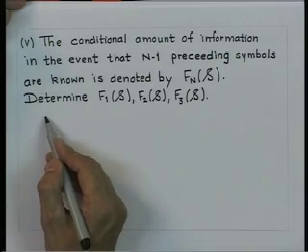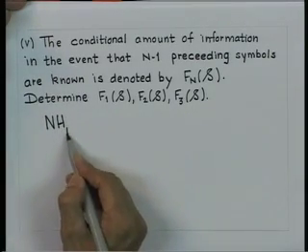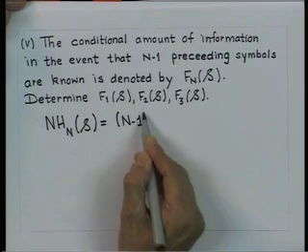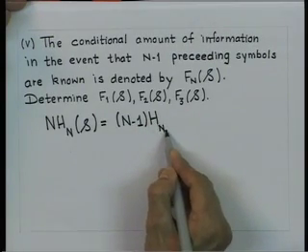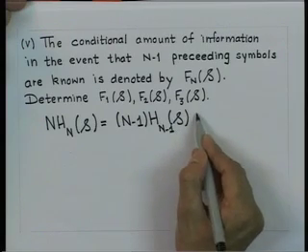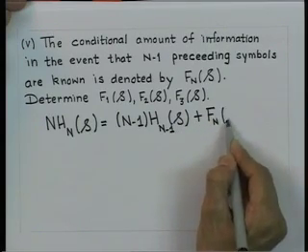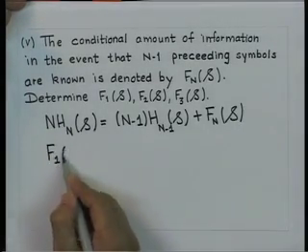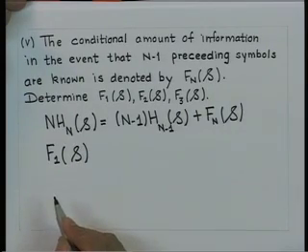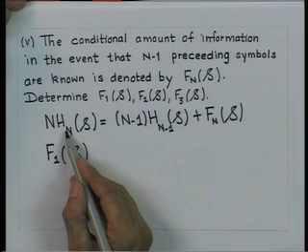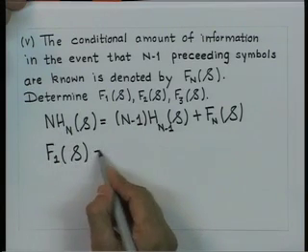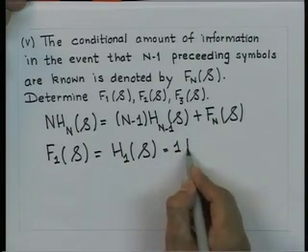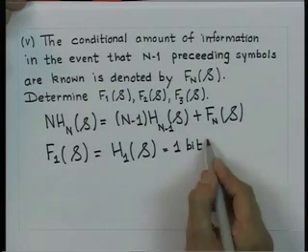We have derived that n HnS is equal to n minus 1 times Hn minus 1 S plus FnS. Now, F1S is nothing but H1S, and that is 1 bit per symbol.